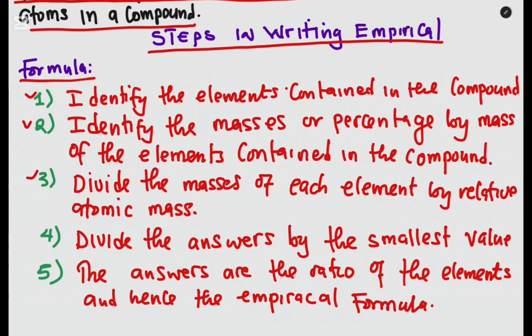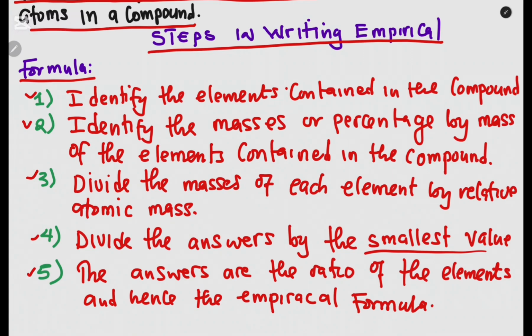It's more like you're finding the number of moles. Then divide the answers by the smallest value. Then of course you've written successfully the empirical formula.